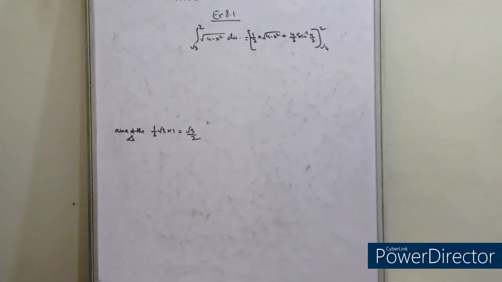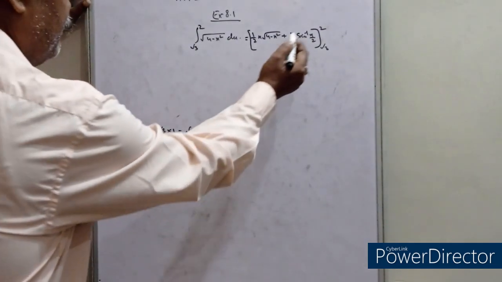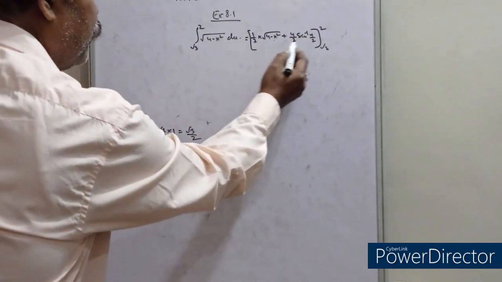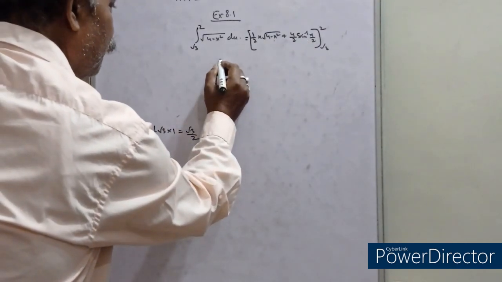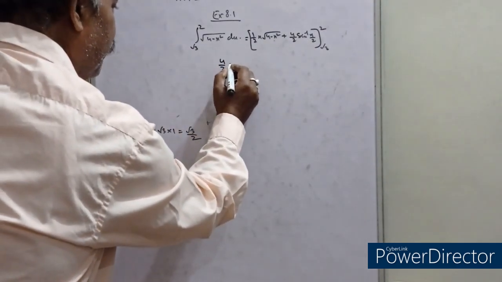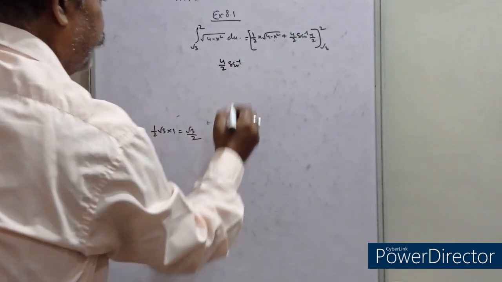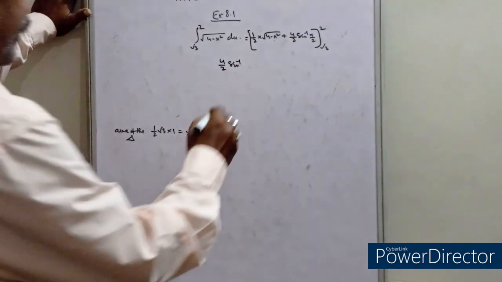So upper limit minus lower limit: if you place 2 here, this comes out to be 0, only this remains. So 4 by 2 sine inverse 1, and minus the lower limit.